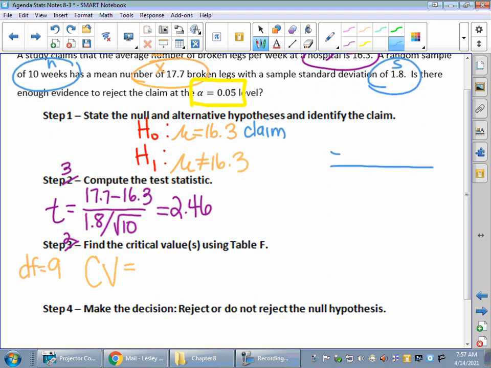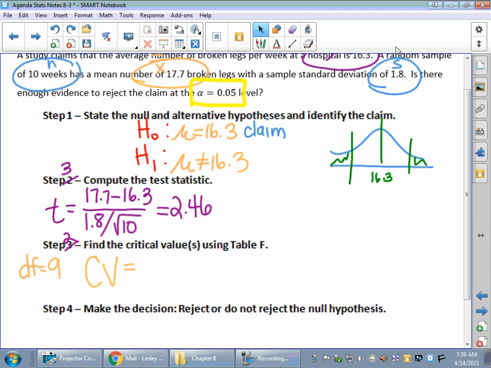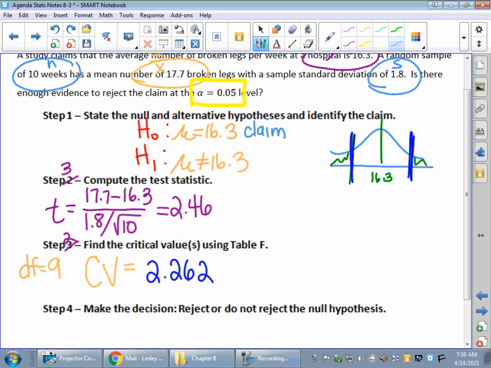It says that my mu is 16.3, and I'm wondering if it is something different. So it's two-tailed, degree of freedom 9, and my alpha is 0.05. So it looks like my critical value is going to be a 2.262. And since it is this dividing line right here for my critical value, it's got to be a positive 2.262 and a negative.